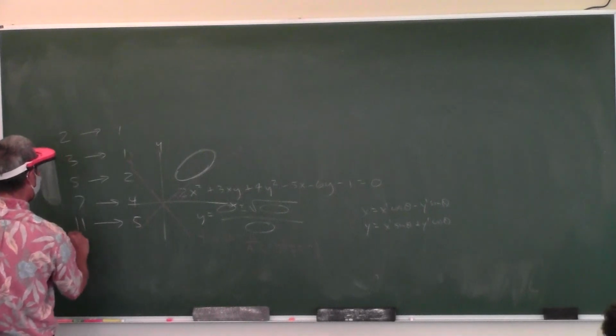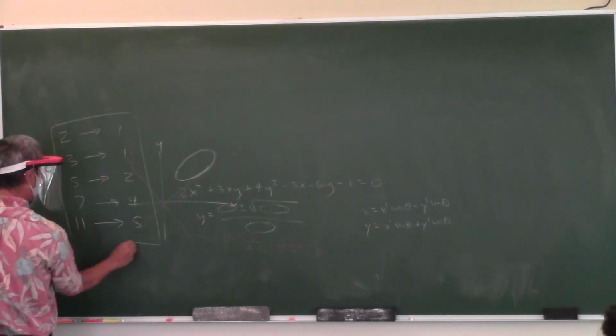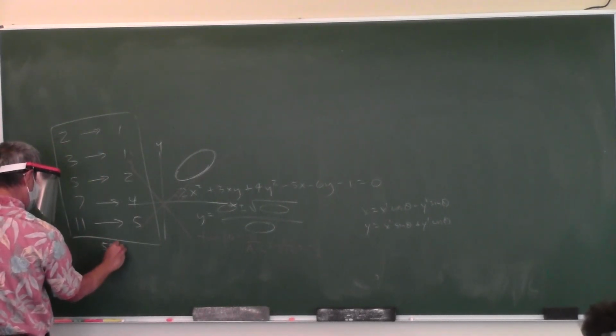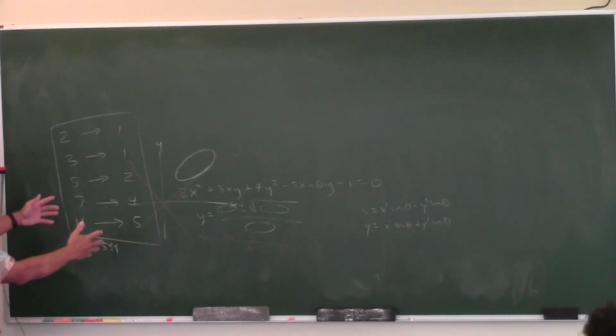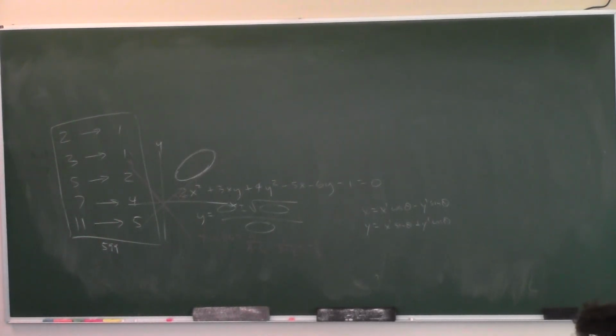We'll see how good Daniel Kaneshiro is. The 5 does not work. Somebody wanna take a picture? You take a picture of that. That's gonna be our example when we do the Chinese remainder theorem. How did you come up with that? Oh, when I was talking about rotations, I was doing it, Mr. Parker. No, I did it before.